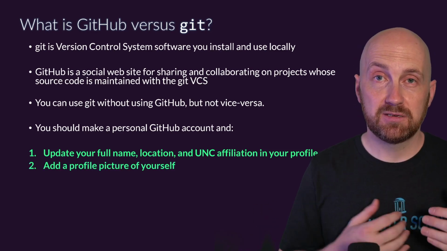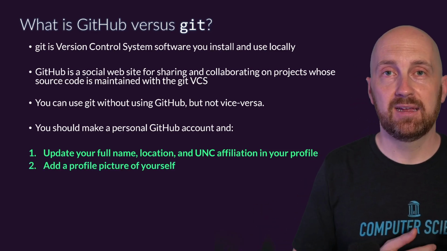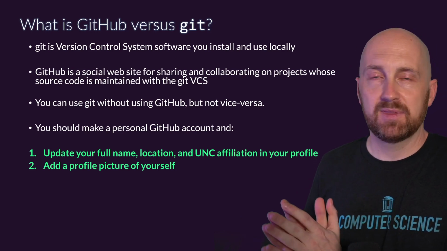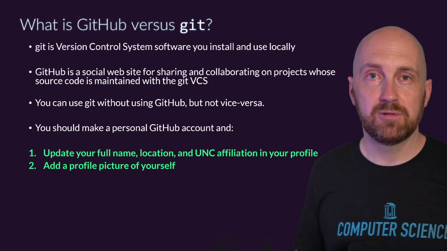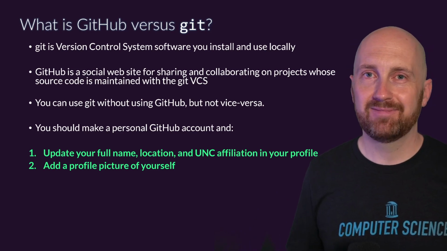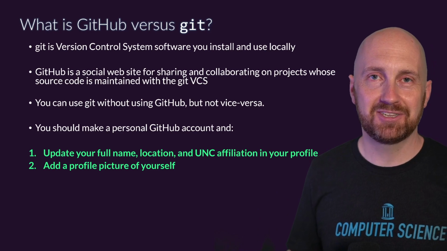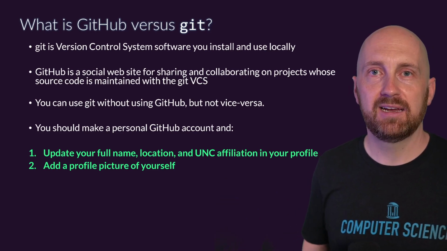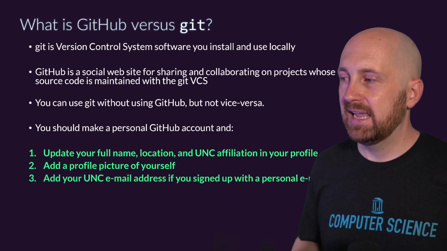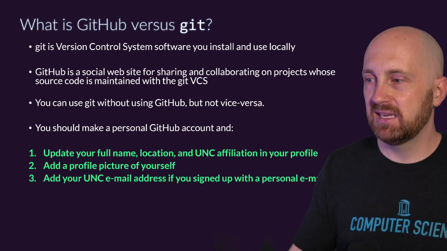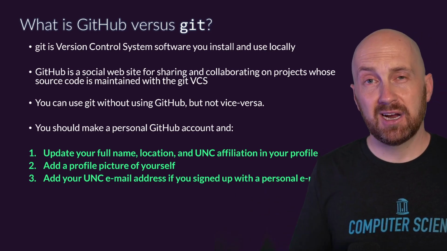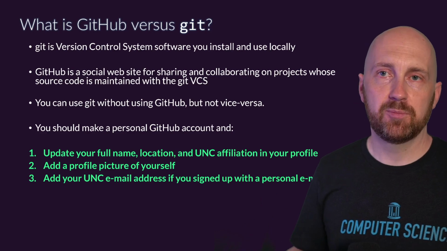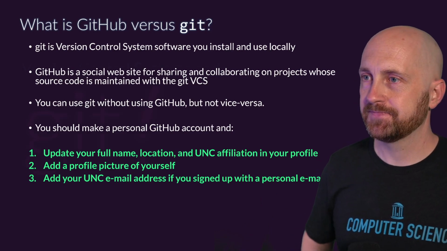When you're in the process of recruiting and interviewing people for internships and full-time jobs, your GitHub profile might be something they do look at, and having the default picture that isn't really you just looks low effort. And so we encourage adding a profile picture of yourself. And I'm going to encourage you to add your UNC email address to your account as a secondary address, even if you signed up with a personal email, just for our bookkeeping on the back end of this.